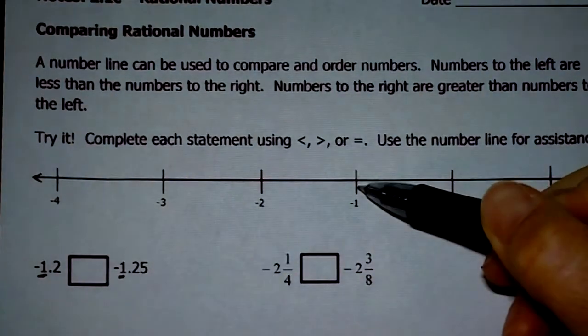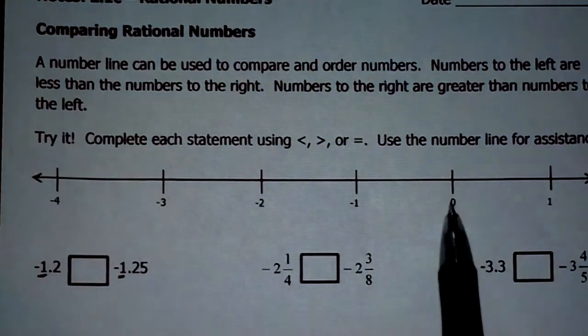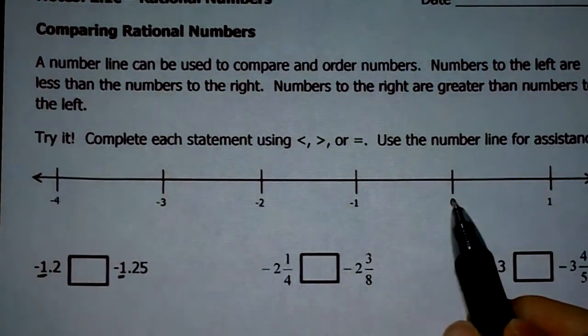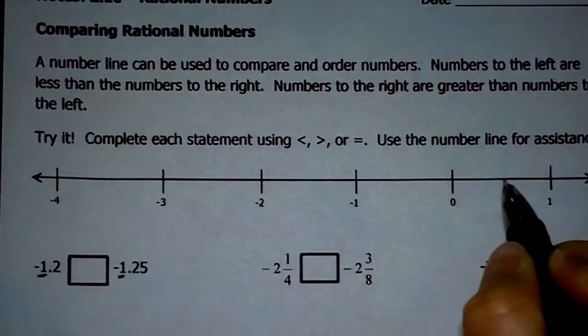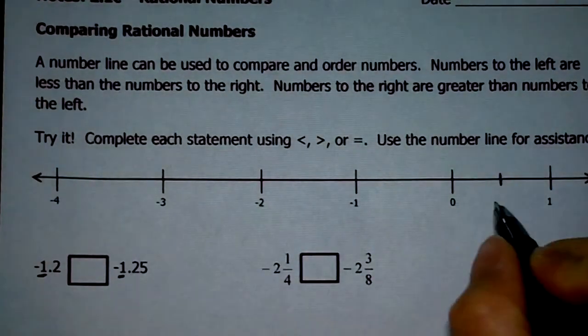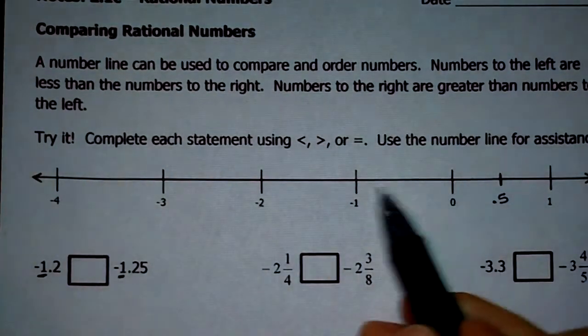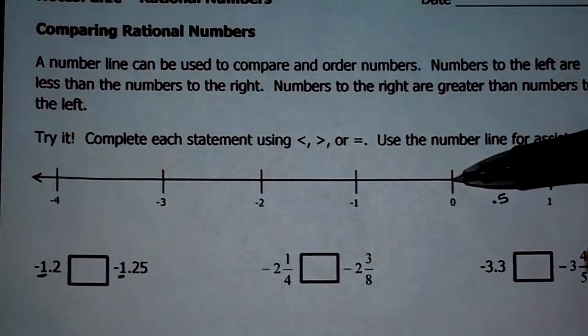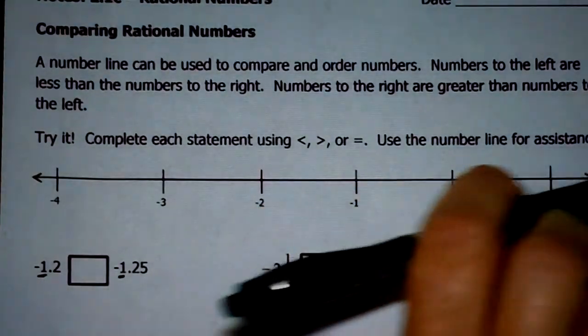Here's negative 1. Now, if I was going in the positive direction, this is 0, 0 to 1, and we're heading in this direction, that would make halfway through 0.5, right? Now, when we're heading this direction, I'm still counting, I'm just counting in the opposite direction. Here, the digits are getting greater as I move to the right.